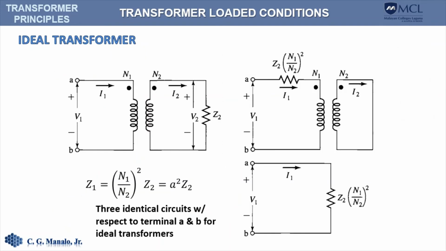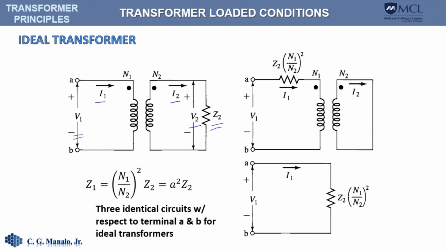Let's say our secondary load is a simple impedance Z sub 2, and we're asked to find the currents I sub 1 and I sub 2, and also the voltage V sub 2, given that we apply voltage at the primary side.